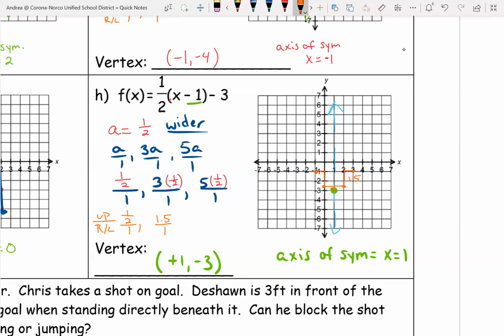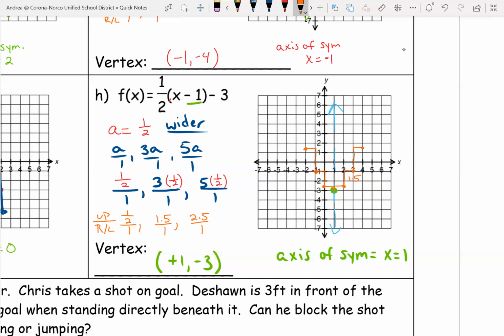The next step is going to be, what's half of 5? 2.5. If you don't know, use your calculator. 1/2 times 5. Then go up 2, then 2.5, and over 1.